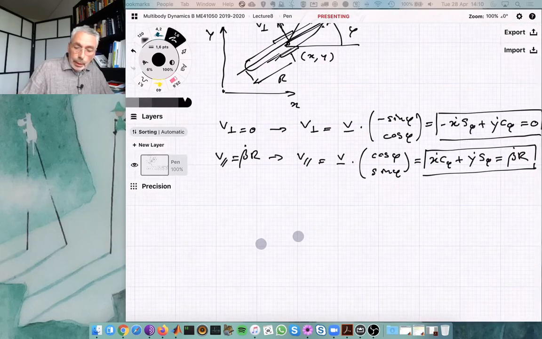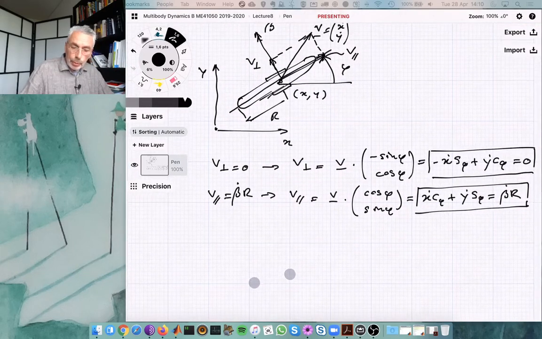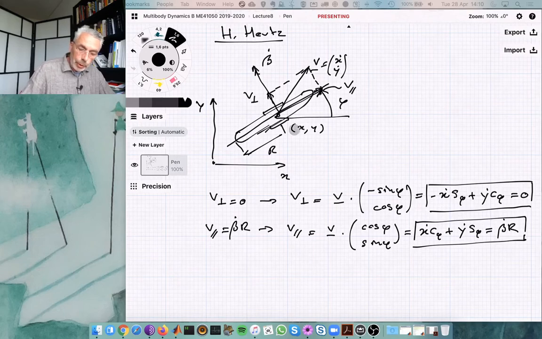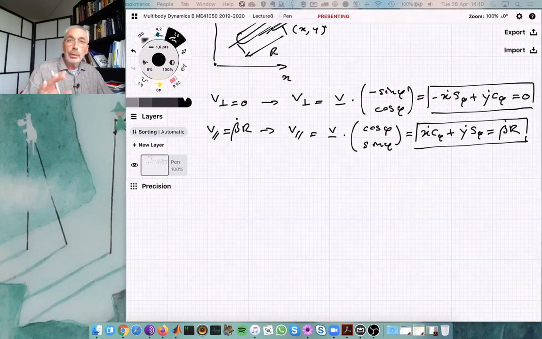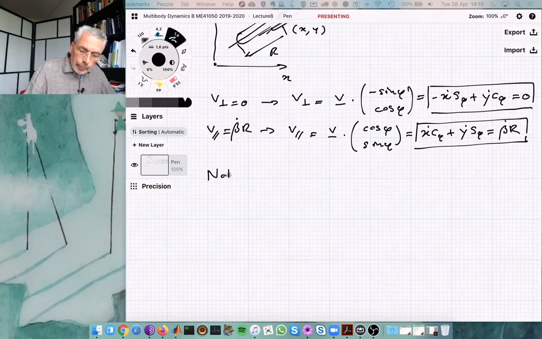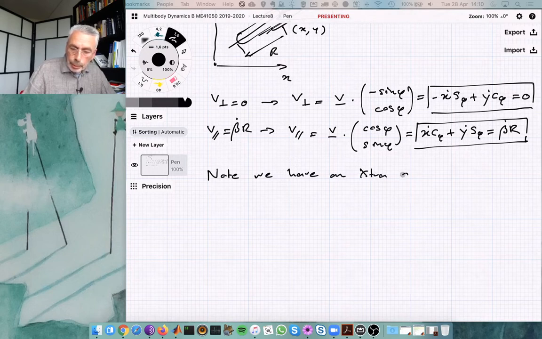Note that we suddenly have some extra coordinate in the system. So not only do we have a position and an orientation, but we also have this beta. So you could say that we have like a 2.5D system. Note we have an extra coordinate, more like a generalized coordinate.